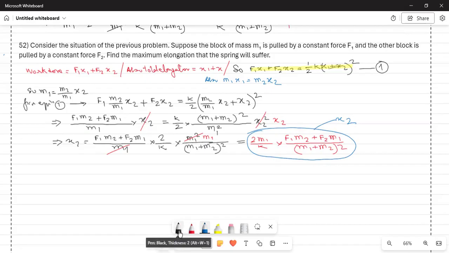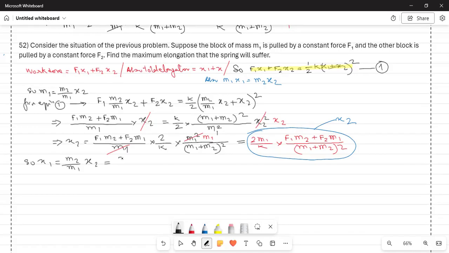And then what is the value of x1? So x1 is equal to, as we have earlier found, m2 by m1 x2. If we multiply this by m2 by m1, this m1 will be replaced by m2.